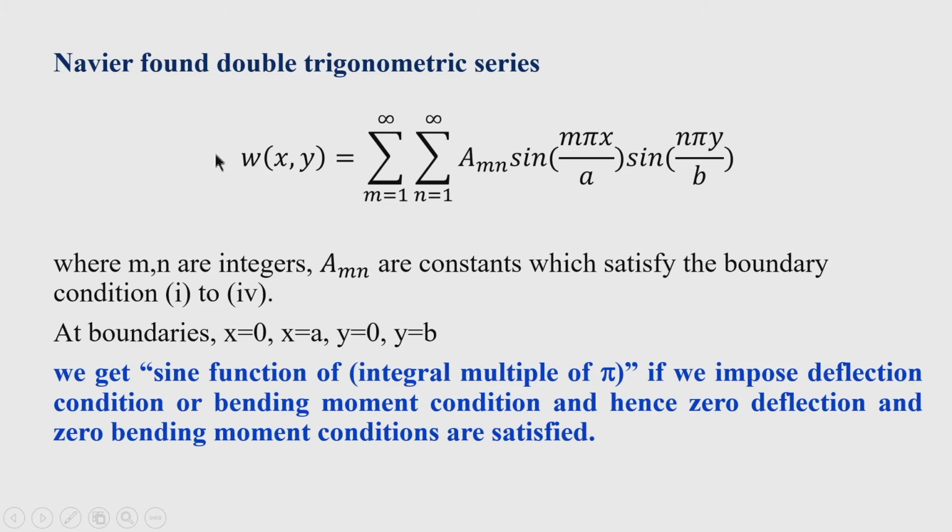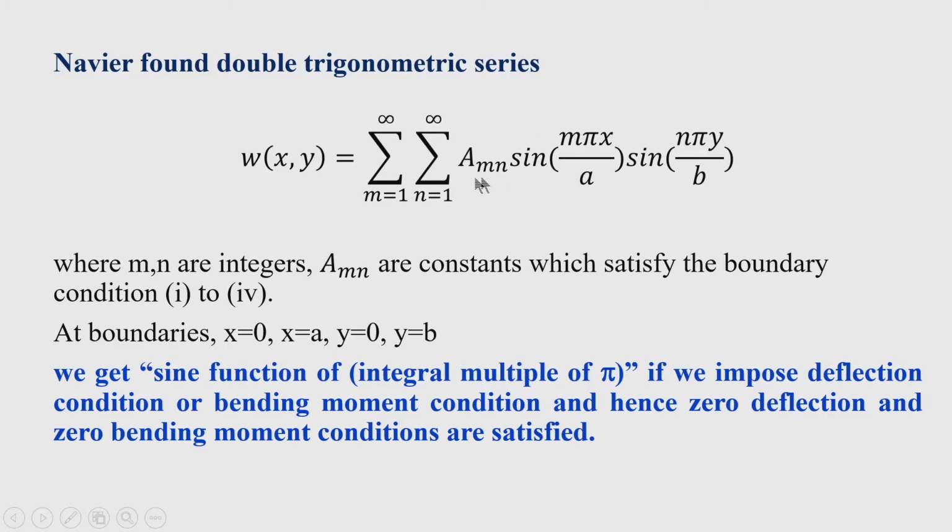Since we take this series as a solution of the differential equation and it satisfies the boundary conditions completely, it should also satisfy the differential equation. So by substituting this series in the differential equation, we have to obtain A mn.